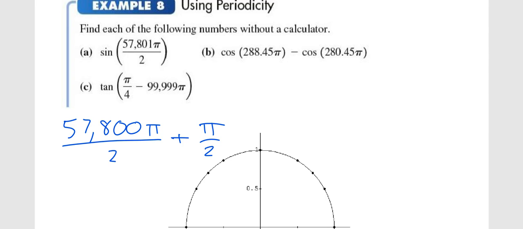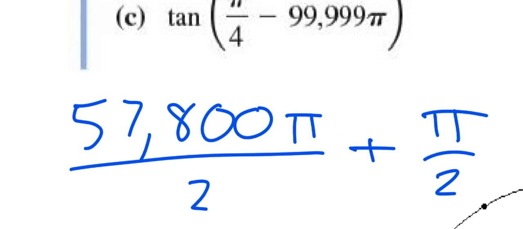If I knew how many times 4 went into 57,800, I could decide whether it landed here or here. Does 4 go into 57,800? Don't grab that machine. Now, I would like to remind you what they taught me when I was in elementary school about single-digit division.